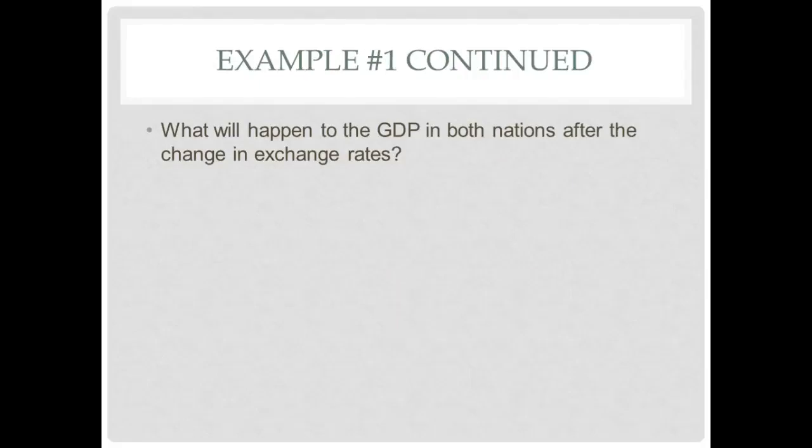Now, let's take a look at this. The question I'm going to ask here says, what will happen to the GDP in both nations after the change in exchange rates? Well, remember what happens. The euro appreciated in value and the dollar depreciated in value. So let's start with the GDP for European nations. What's going to happen there?